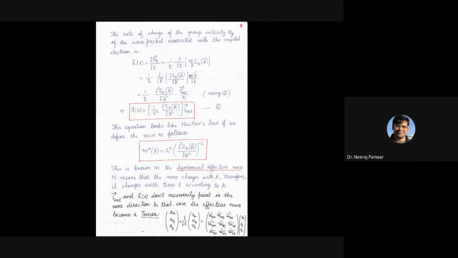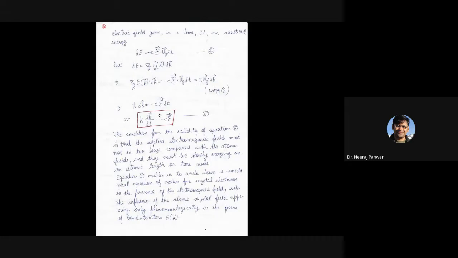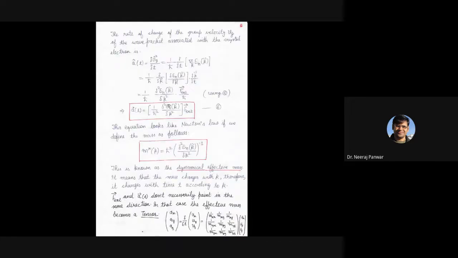So del K over del T is, from this equation, the right hand side representing the external force. So dk over dt would be external force divided by h cross. This is what we have written here.